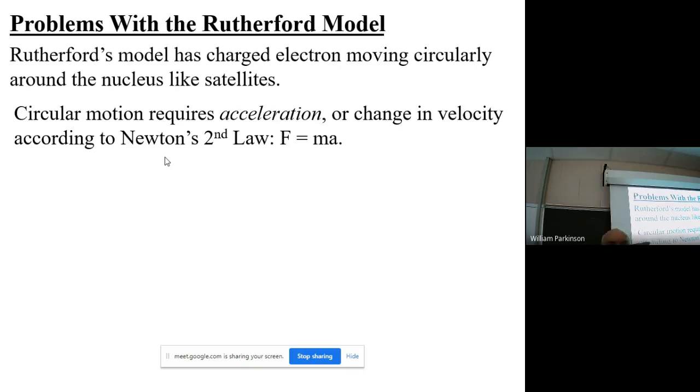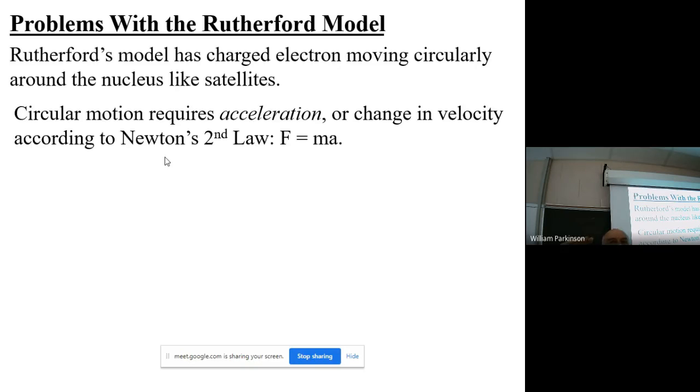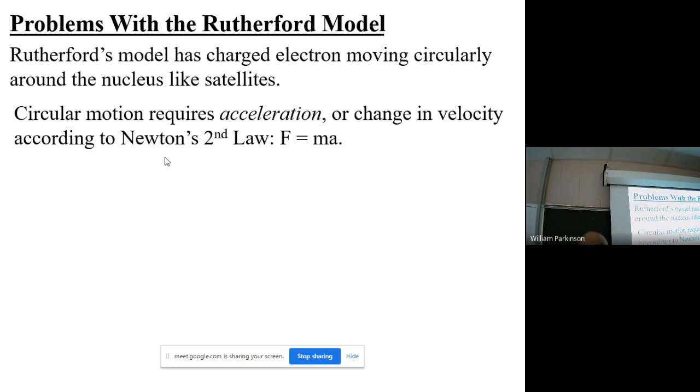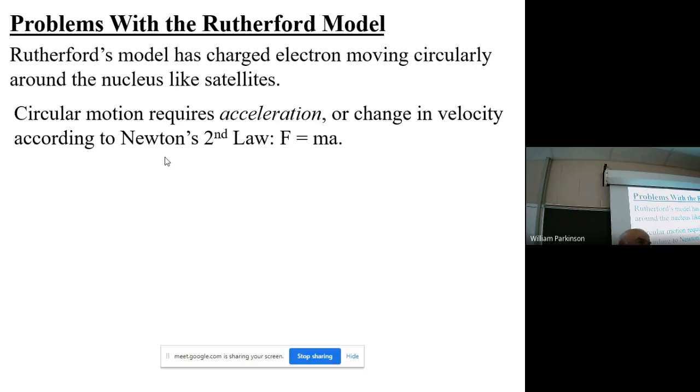As long as your speed is the same and you're moving in a straight line, you are not experiencing any change in velocity. If you're moving at the same speed but you're curving, you're constantly changing the direction of your motion. That is an acceleration. So anything that flies in an arced path is accelerating.